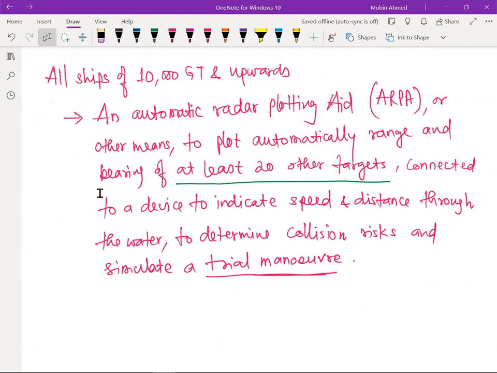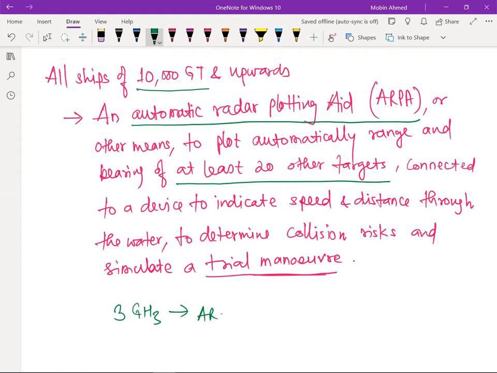So this is the SOLAS requirement, and here it is saying very clearly that ships of 10,000 GT and upward are supposed to have ARPA. So we are going to have ARPA for the 3 gigahertz radar also, and the 9 gigahertz radar is also going to have its own ARPA.